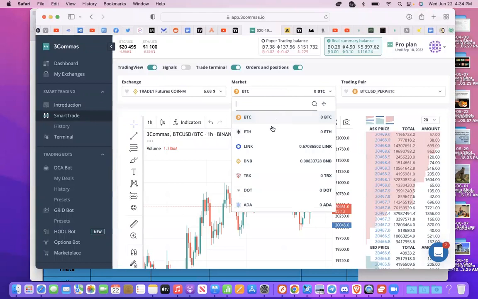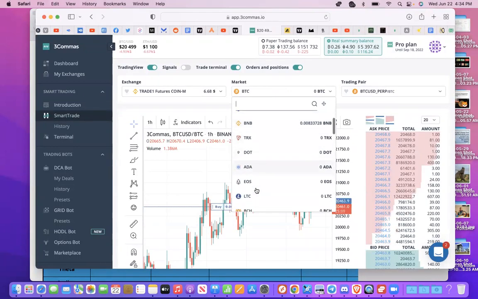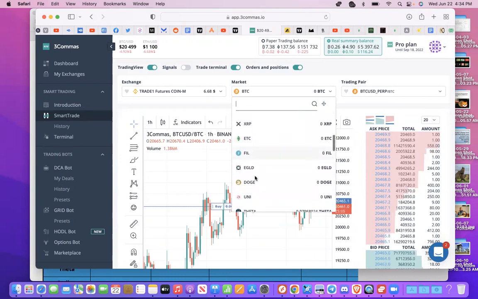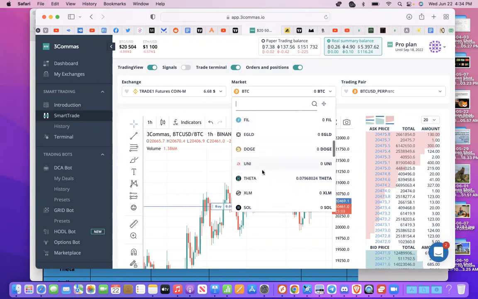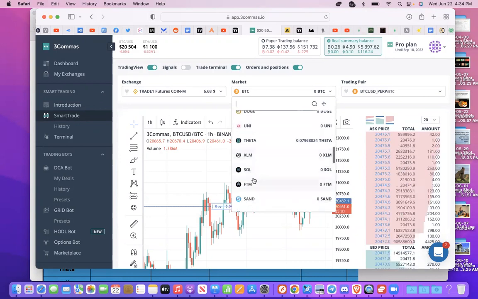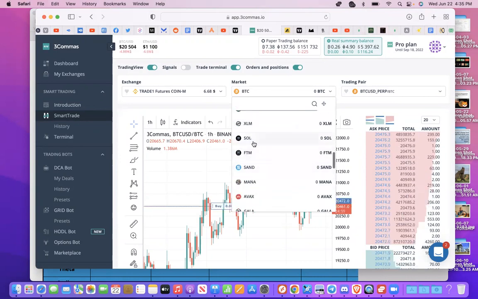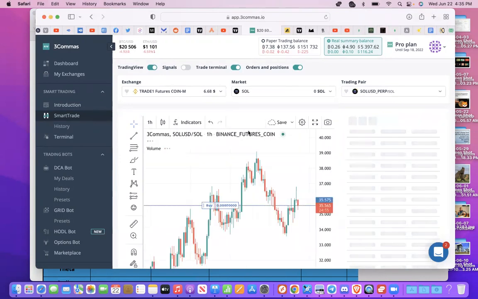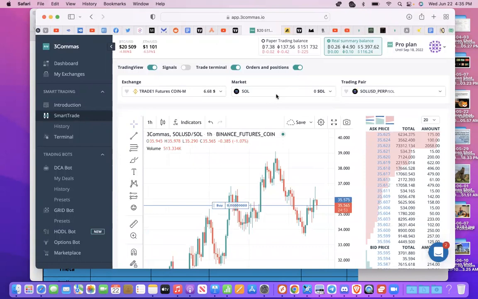So we have BTC, Ethereum, Chainlink, Polkadot, ADA, EOS, Litecoin, Bitcoin Cash, Filecoin, Algorand, Uniswap token, Theta, Solana. That makes sense. So you must have Solana there. If you do not have Solana, you have to transfer your Solana to the place.